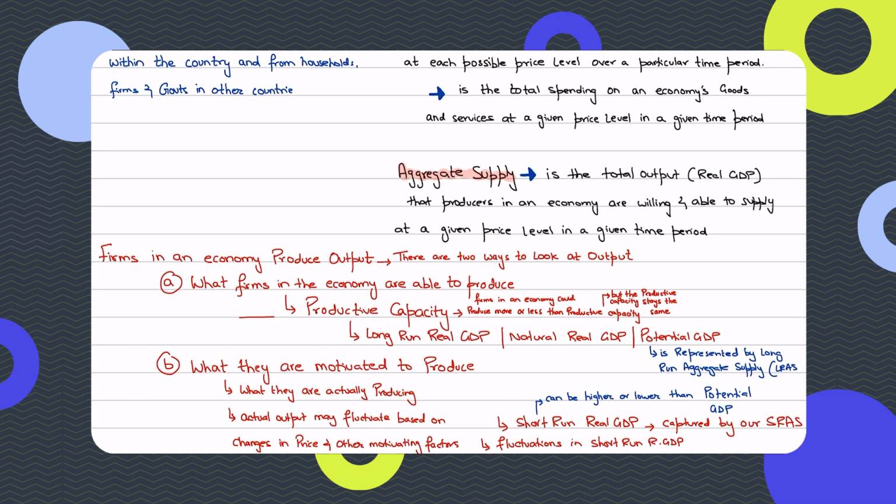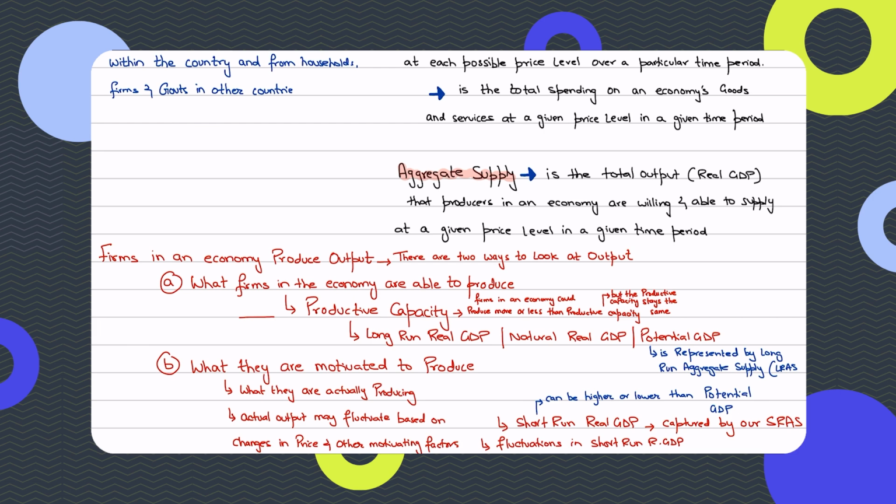So, guys, to sum up, when we say real GDP, we have to differentiate between real GDP that the economy is capable of producing versus the real GDP that is actually produced. The real GDP that the economy is capable of producing reflects the productive capacity of an economy, or the natural GDP, or the full employment level of GDP, or the potential output, that is captured by the long run aggregate supply curve of an economy.